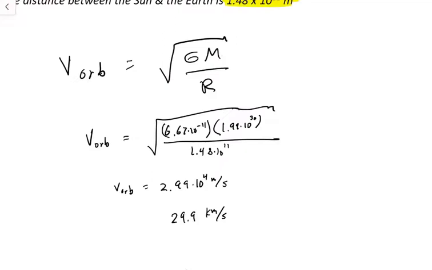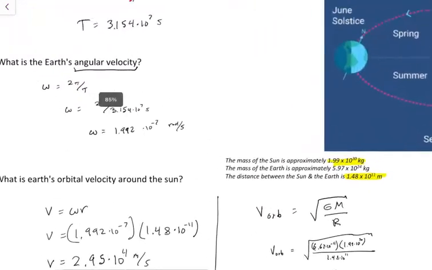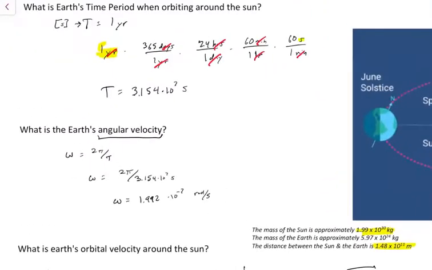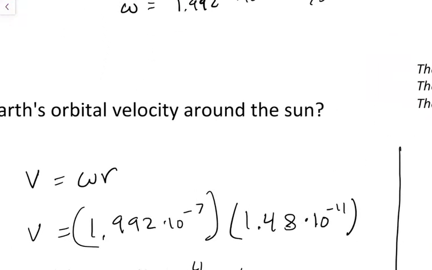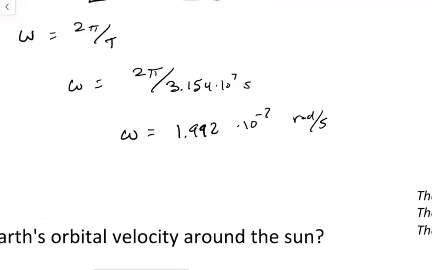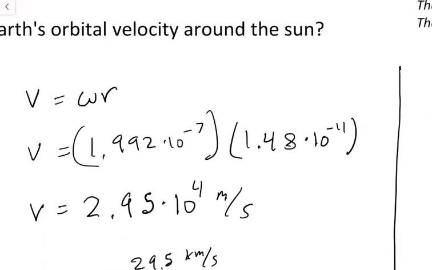So another process we can use is recognizing that we just solved for a time period, therefore we solve for an angular velocity, and we can do v equals omega r because this is an object in circular motion. And this is really just another way of taking 2 pi times r over the time period, which we found with 1 year, and we end up with 2.95 times 10 to the 4th meters per second.